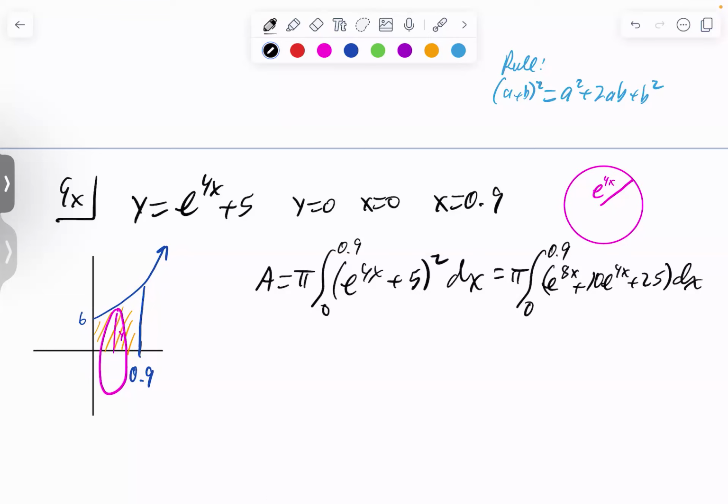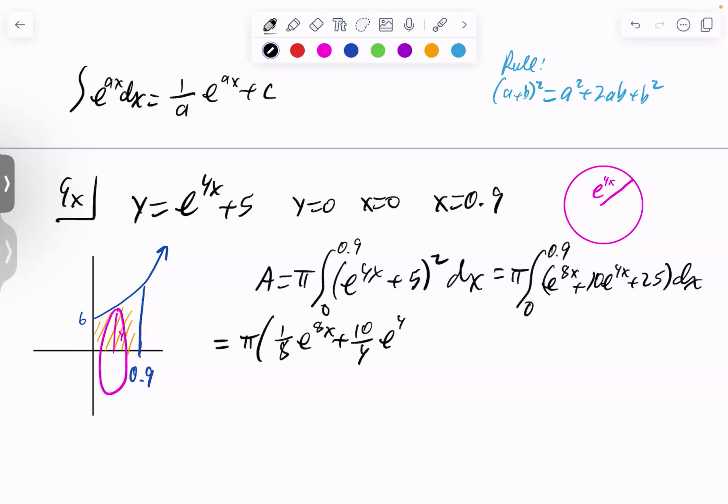We get 1/8 e to the 8x plus 10 over 4 e to the 4x plus 25x. And each of these are going to be evaluated from 0 to 0.9.